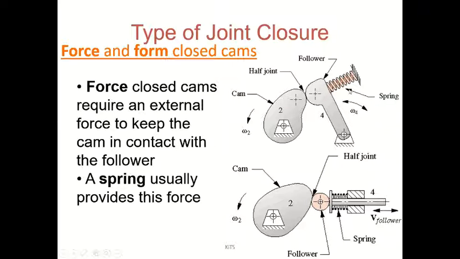But how is it returning to the original position? Through some spring force, the follower is returning back to the original position. So this is called force closed. If with the help of some external agent you bring the follower back to the original position, that is called force closed.